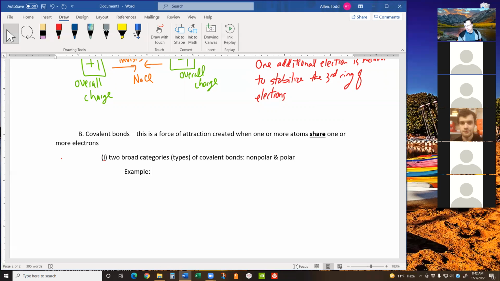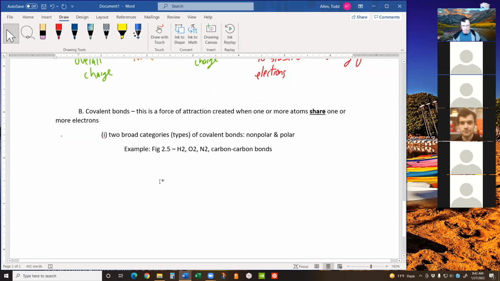Okay, and I'm going to use an even different example here, but in figure 2.5, you can consider H2, O2, and N2 to be examples of molecules where the atoms are connected by nonpolar covalent bonds. And the example I'm going to use with you is actually carbon at this time. So carbon bonds are also nonpolar covalent bonds.